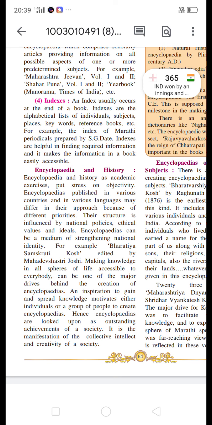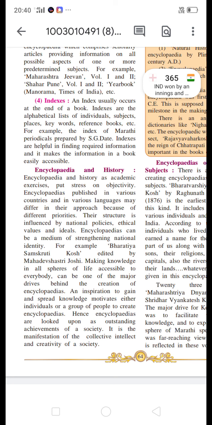Then next, 23 volumes of Maharashtriya Jnanakosh, edited by Sridhar Venkatesh Ketkar, are available. The major drive for Ketkar in creating it was to facilitate wider access to knowledge and to expand the intellectual sphere of Marathi-speaking people.